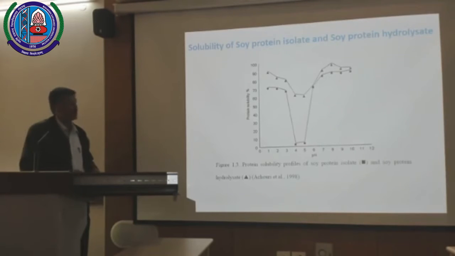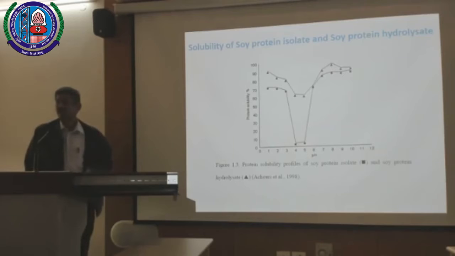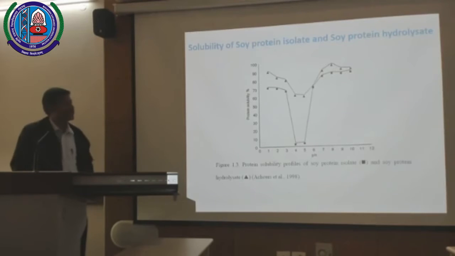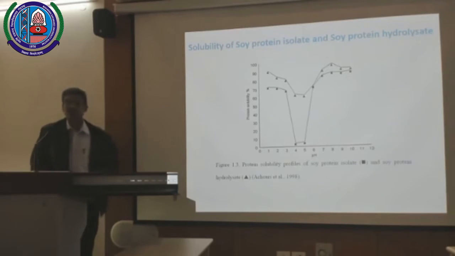So this is near the isoelectric point I was talking about of the soy protein. Away from the isoelectric point, the solubility increases. So we have to know this principle of where the protein is highly soluble. That way we have access to the bioavailability and functionality will increase. Otherwise it will precipitate out, it doesn't give a homogeneous system.